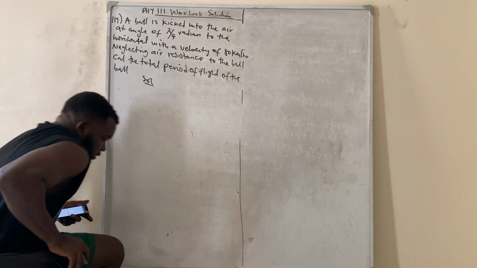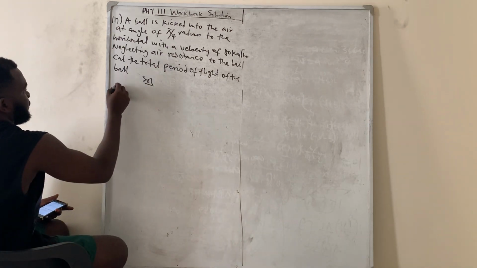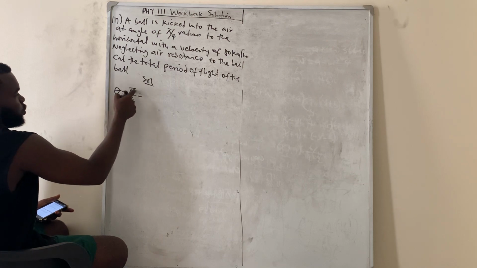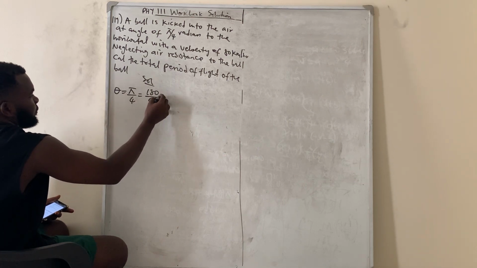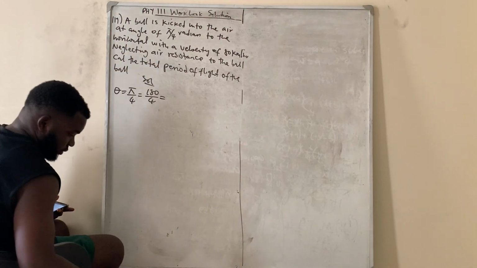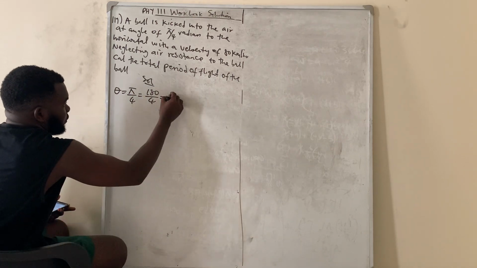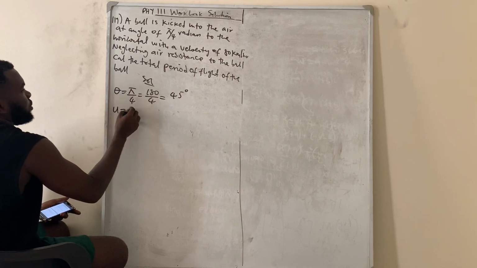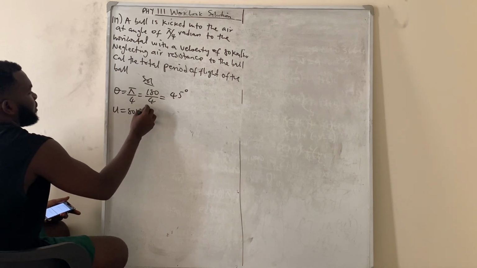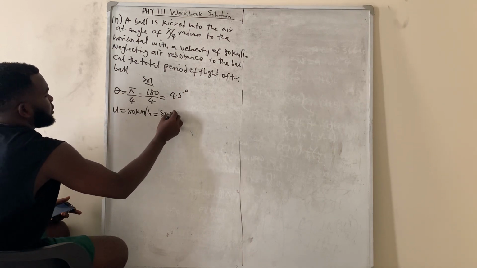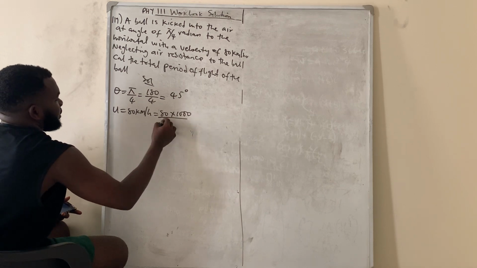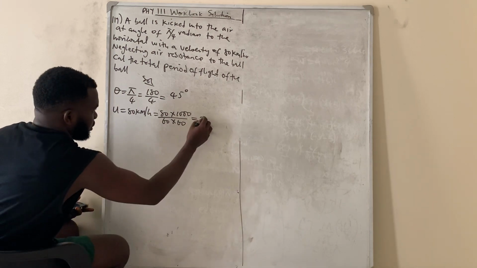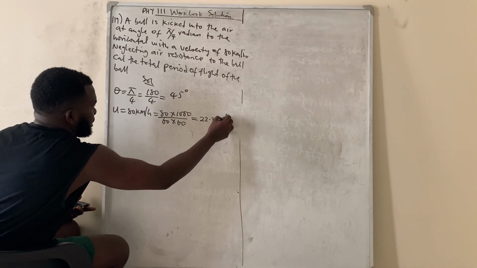Solution. So let's get our parameters. The first thing they gave us was theta, which is pi over 4. Don't forget that pi in terms of angle is 180, so 180 divided by 4 will give you 45 degrees. The next thing is u, which is 80 kilometer per hour, which is 80 times 1000 divided by 60 times 60, giving 22.22 meter per second.